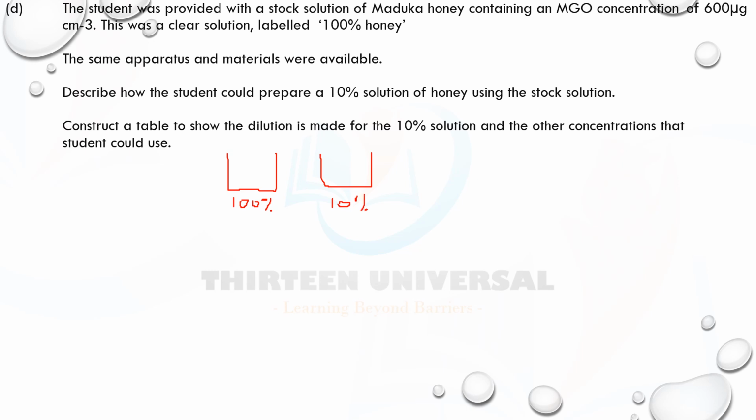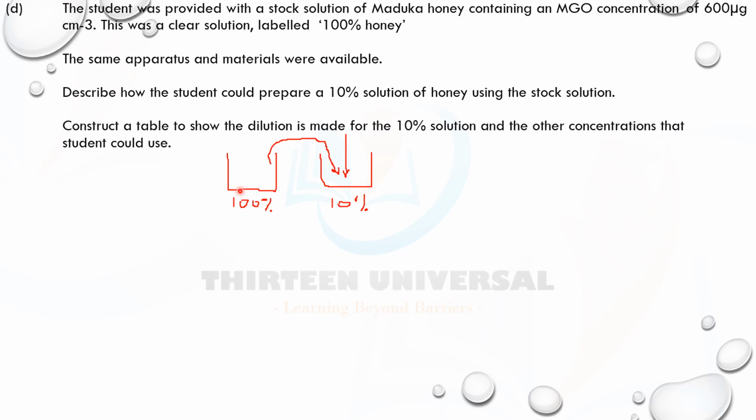It's simple how you're going to do that. Now they didn't give us the final volume, because you're going to take a particular volume from here and add here, but see, we are diluting. Well, what were we provided to dilute? The nutrients. You're not diluting with water, so you add a volume of nutrient solution. So you take a particular volume. So they said describe how students could prepare 100% solution of honey using stock.